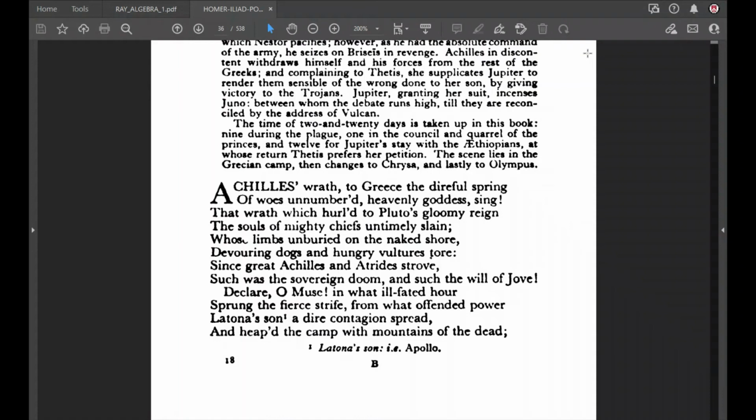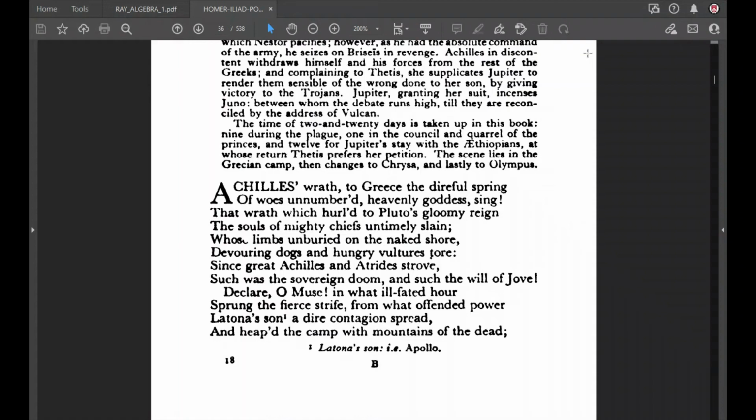So Homer, as a poet, is praying to the goddess of poetry that she would reveal to him the story of the wrath of Achilles.